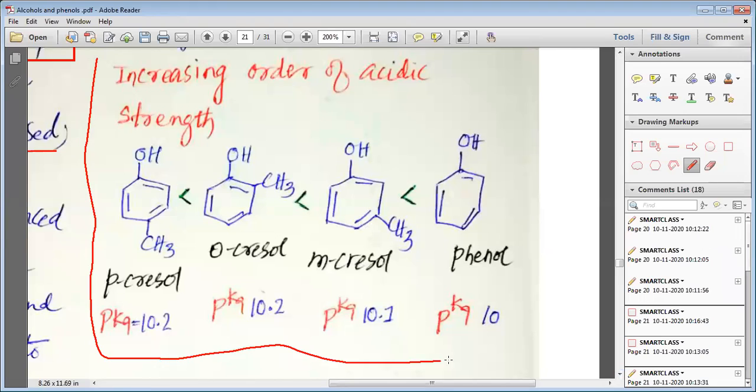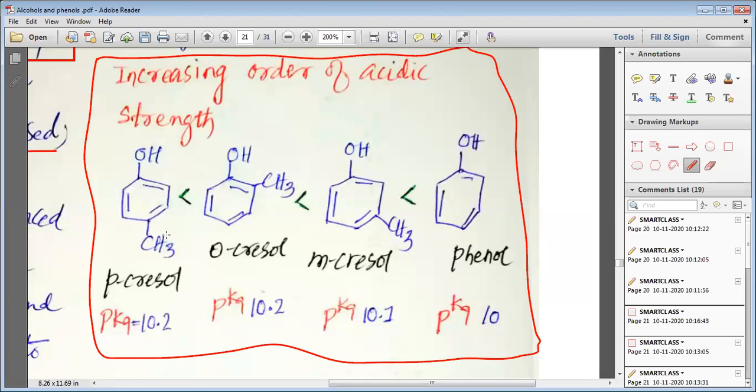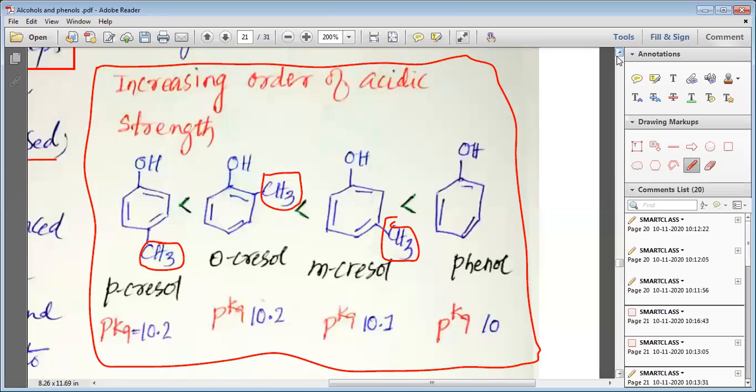So increasing order of acidic strength, if we arrange for the various compounds which are having the substitution of the electron donating or electron releasing group, that is the methyl group, my dear students. So when methyl group is added, or when methyl group is bonded to the aromatic ring of phenol, we come to know that the acidity is being decreased.